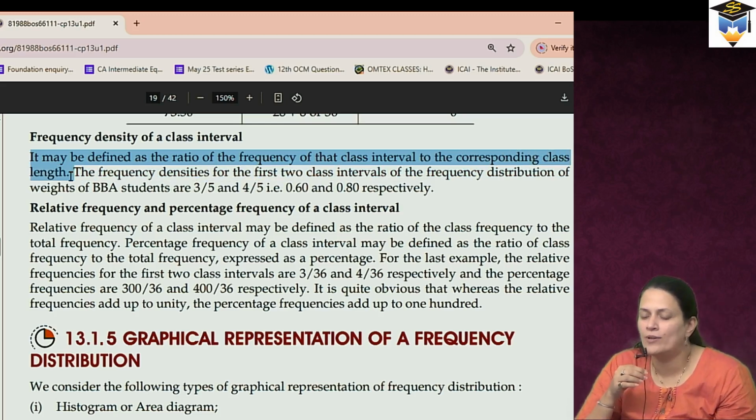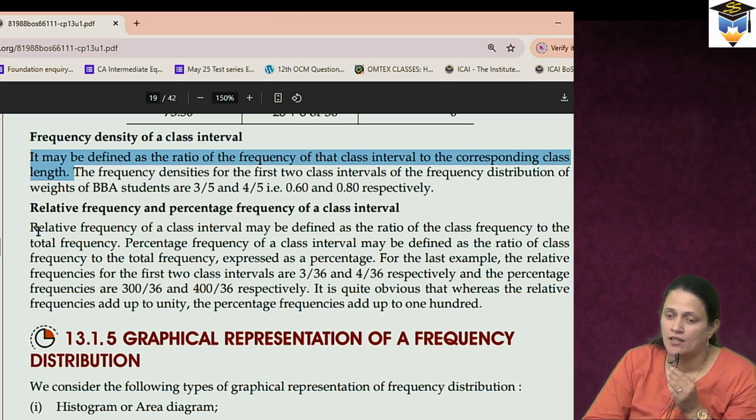Frequency density of a class interval may be defined as the ratio of frequency of that class interval to the corresponding class length. Finished writing this part? Yes.